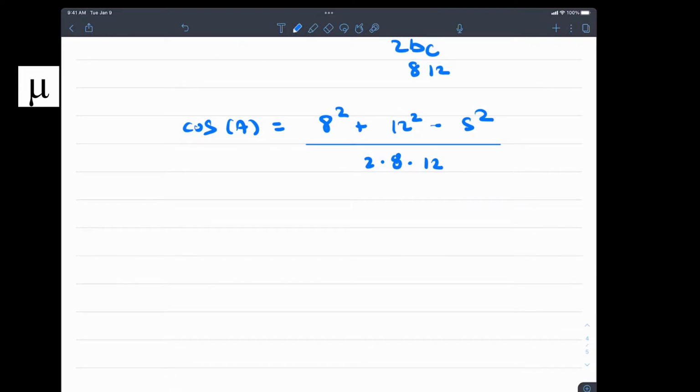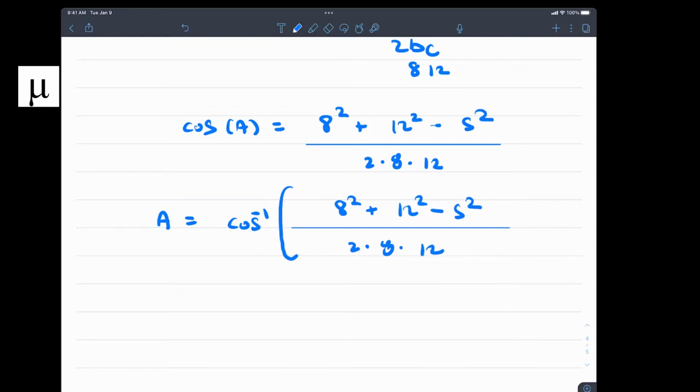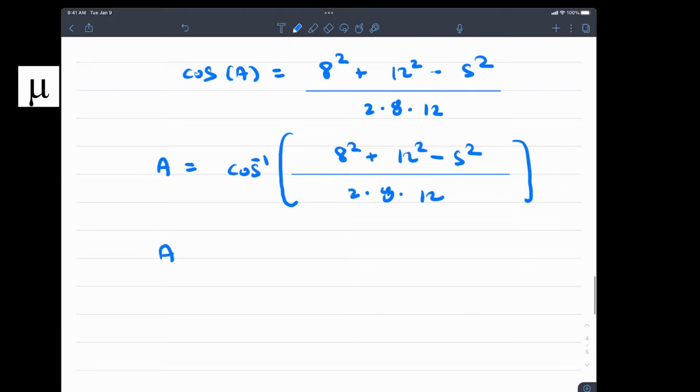So what does that mean about cosine then? A is going to be what? Inverse cosine. And you have what? 8 squared plus 12 squared minus 5 squared over 2 times 8 times 12. Okay, and what is A going to be?